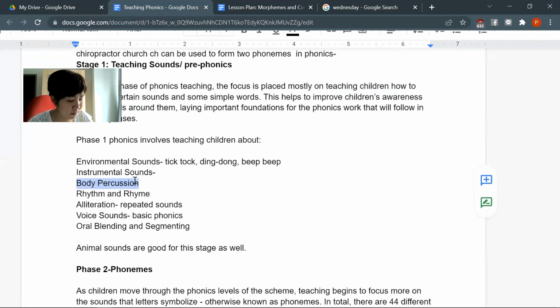It's like hitting your body to make a sound. Percussion is when you strike something to make a noise. So you can teach the children to make a sound, or they can slap their head, something fun that they'll enjoy.